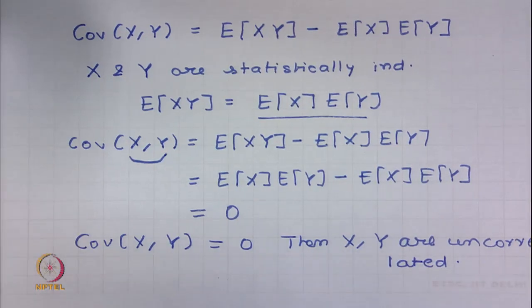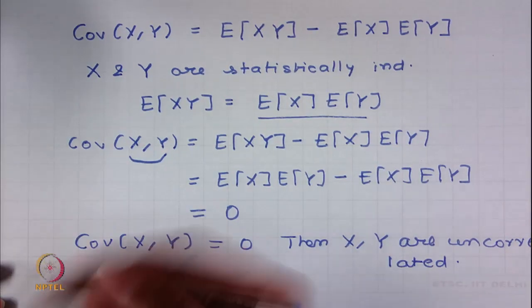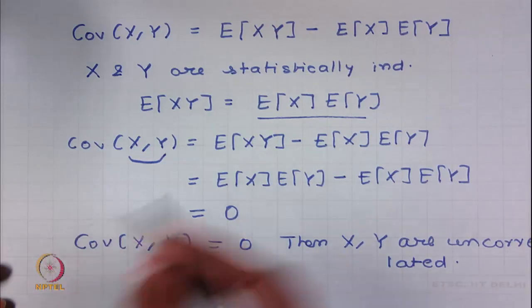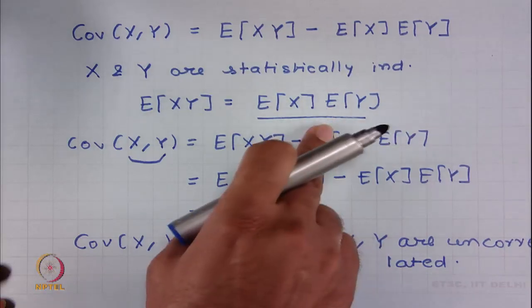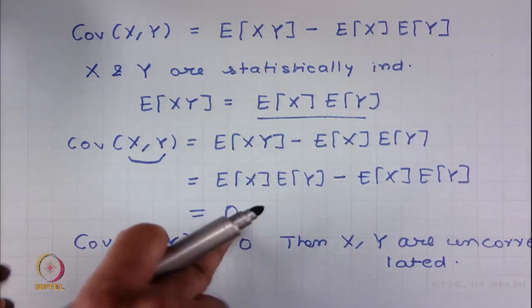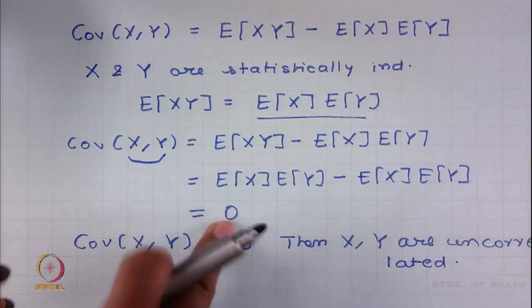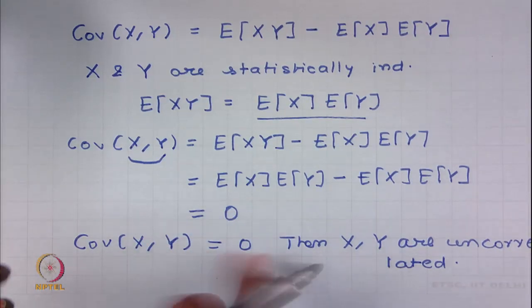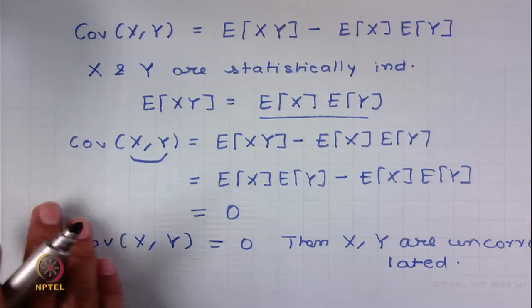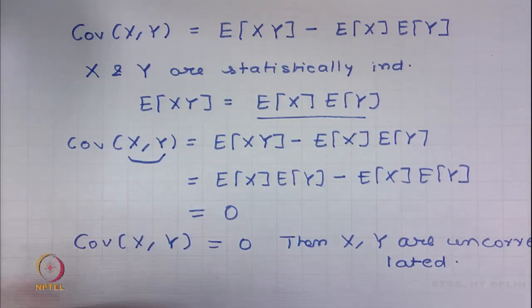I repeat, because these are very important concepts to understand: if I have two statistically independent random variables, then their covariance is always 0, and if the covariance is 0, then you call those random variables uncorrelated random variables.